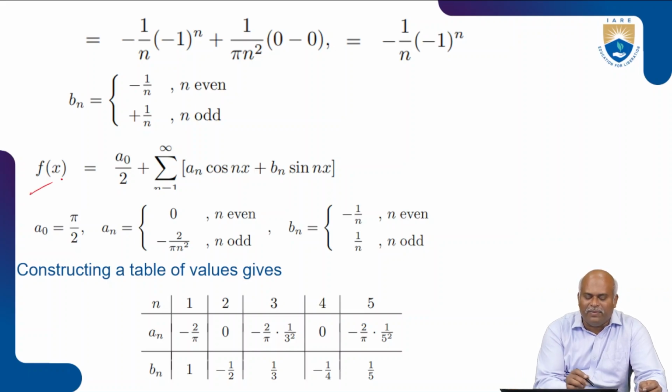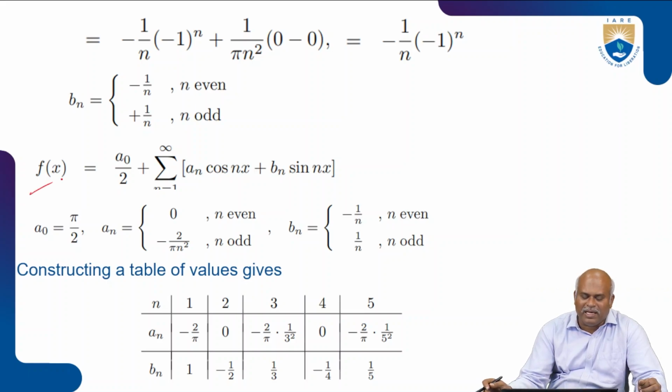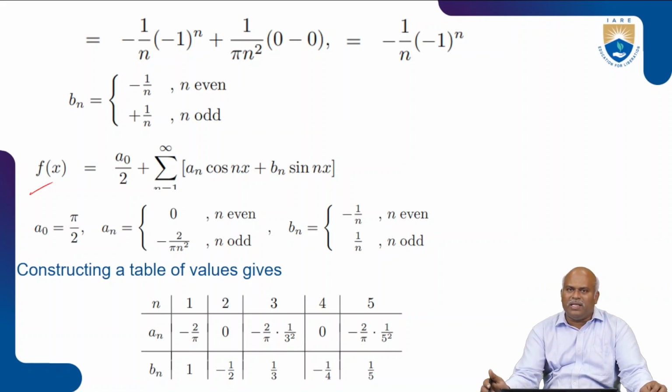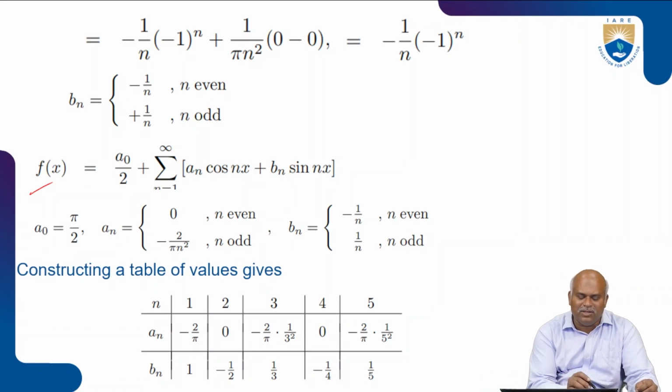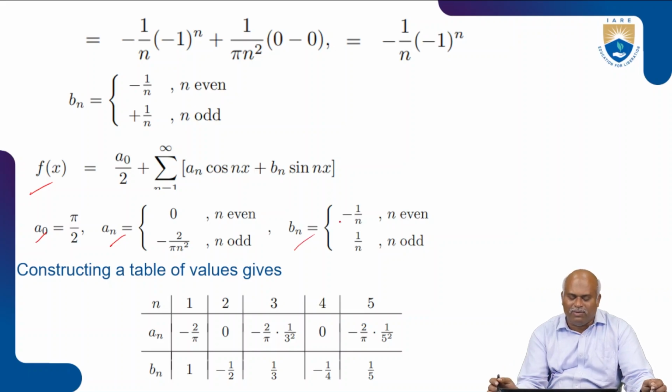Now we write the Fourier series in trigonometric form: f of x equals a0 by 2 plus the summation from n equal to 1 to infinity of a n cos nx plus b n sin nx. We find a0, then an and bn, and make a tabular column.